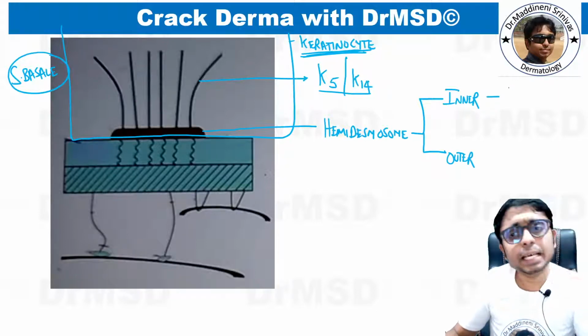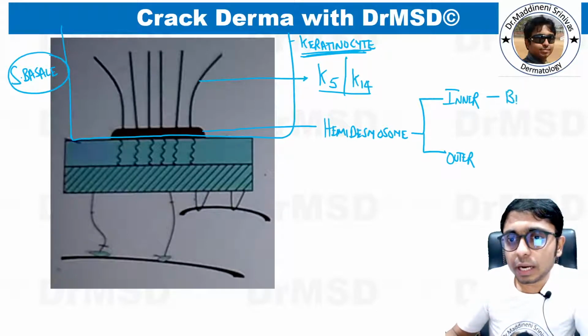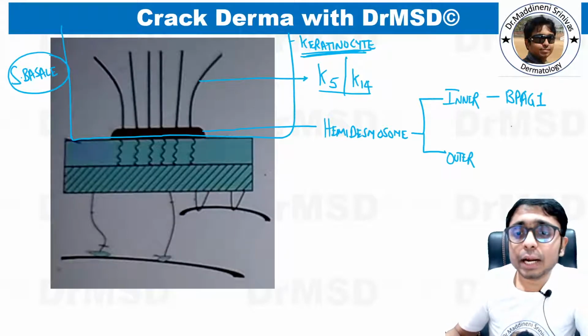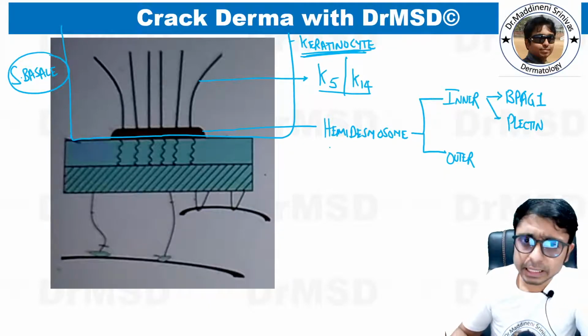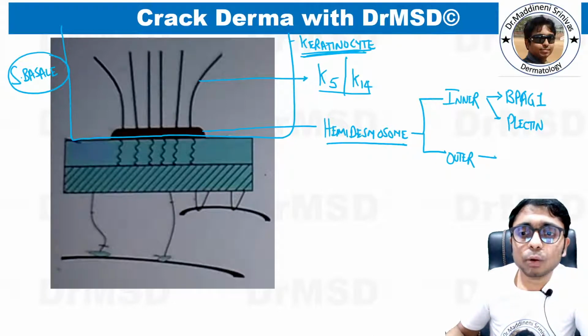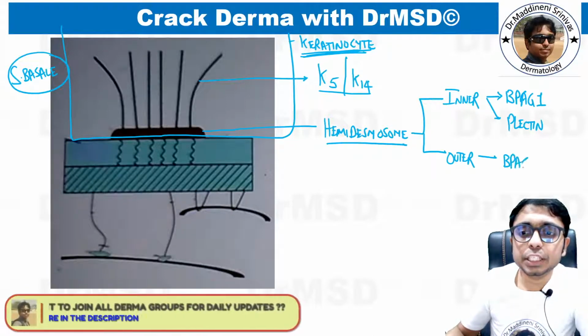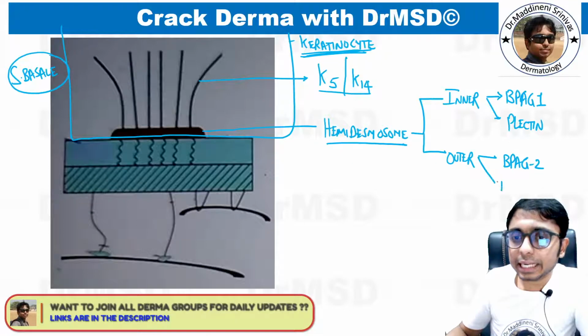In the inner block we have BPAG1, and also plectin. These are the proteins present in the inner block. And in the outer block we have BPAG2 and integrin.